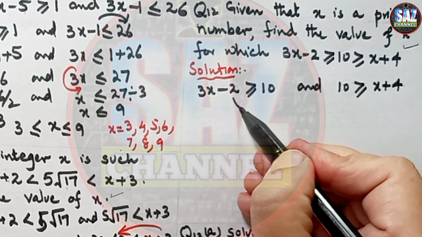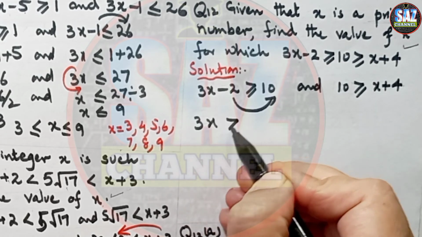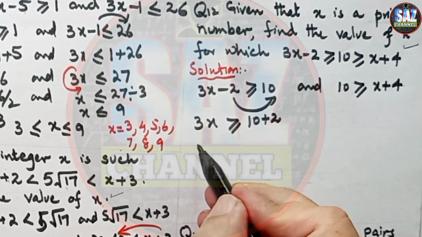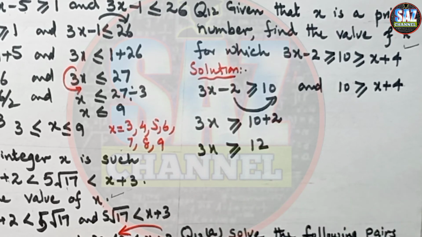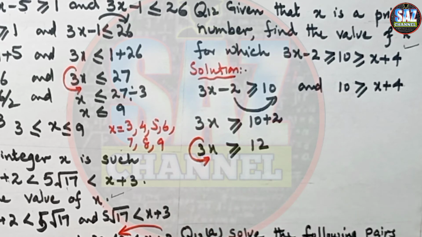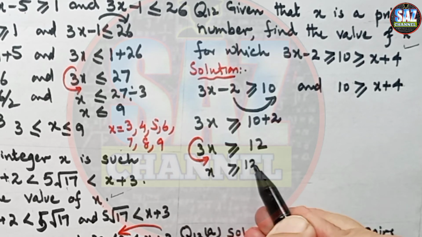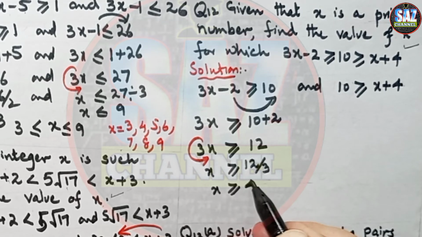Now first shift 2 to the other side, it will take the form 3x is greater than or equal to 10 plus 2, or 3x is greater than or equal to 12. Now you can see that x is multiplied by 3, so I have to shift it to the other side, means I have to divide 12 by 3. X is greater than or equal to 12 upon 3, or x is greater than or equal to 4.